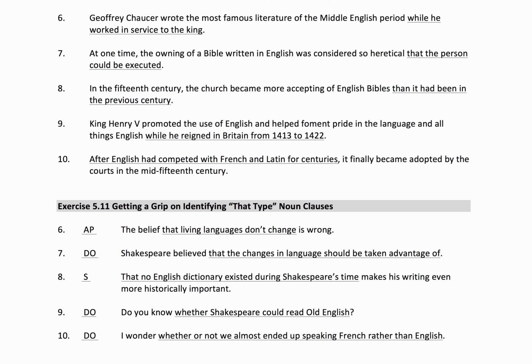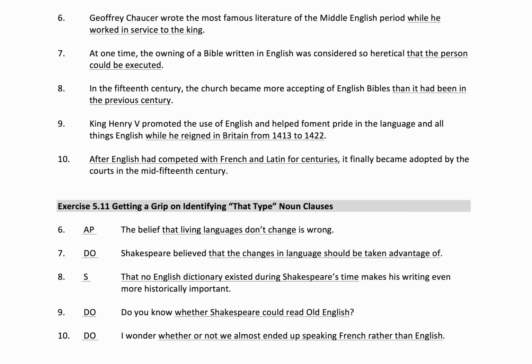But I do think just by keeping this in mind, it will help you to identify noun clauses. So number 6 is kind of a strange one. It's an appositive. The belief equals that living languages don't change. And we won't have one like that on the final.